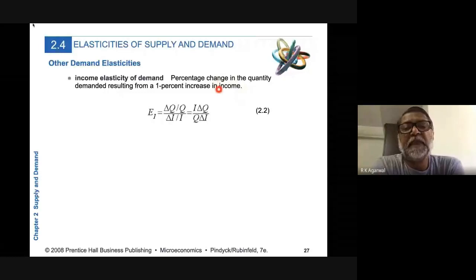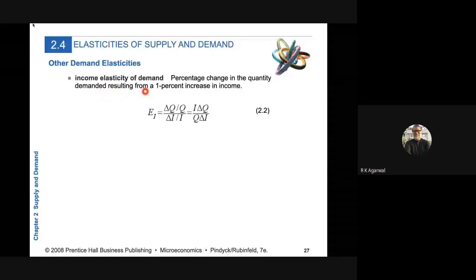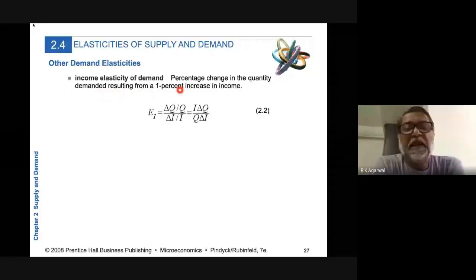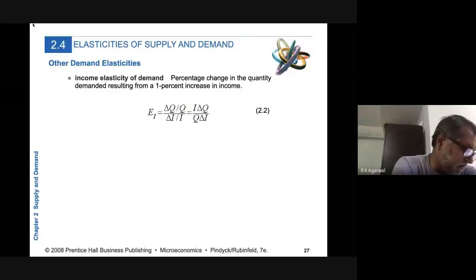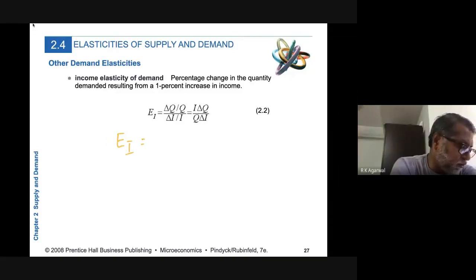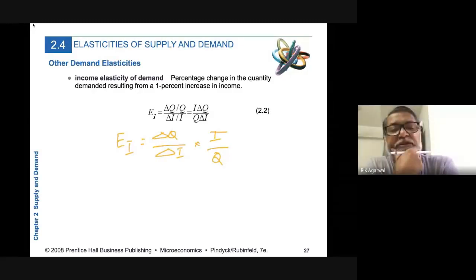So it is the percentage change in the quantity demanded resulting from a 1% change in income. And that is why we have written it like this: elasticity of income is equal to delta Q by delta I multiplied by I by Q. So this is your elasticity of demand with respect to income.